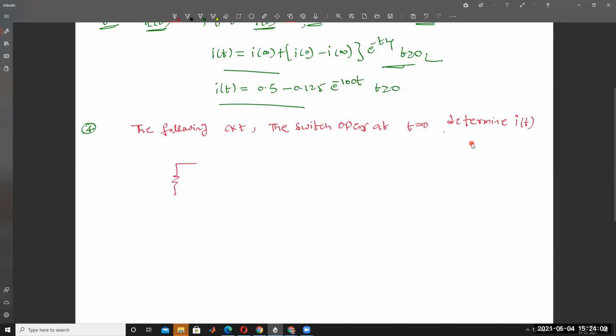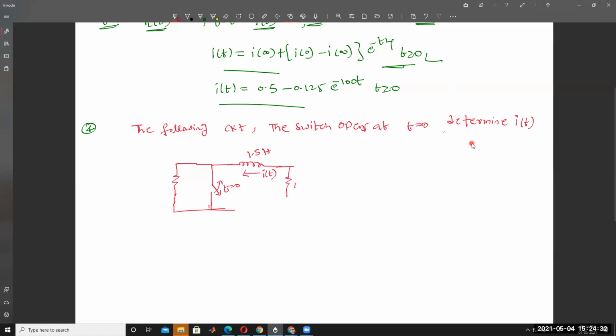Here is a resistor, this is the circuit, 0.5 henry. This is called the current I of t. Find I of t.